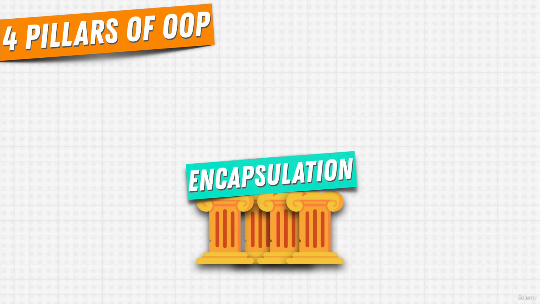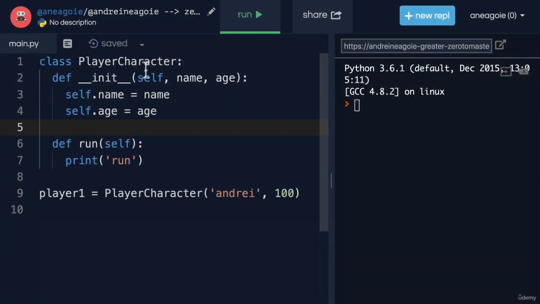And this data and functions are what we call attributes and methods, right? We're able to encapsulate the functionality of a player character by having name and age data or attributes, and also have functions that can act upon this name and age.